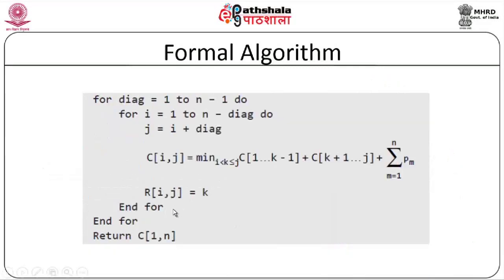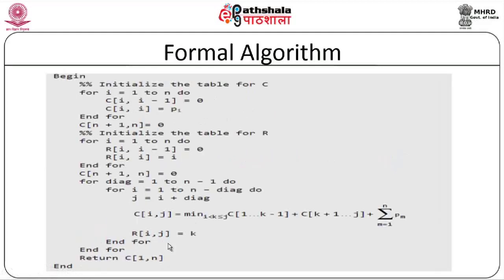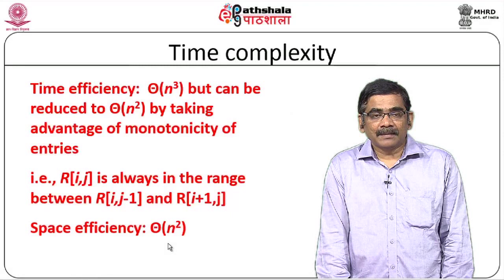This is the loop where we construct the entries for the upper triangle. This is a recursive relation. Finally, we return 1 comma n as the result. This is the complete algorithm, and what is the time complexity?